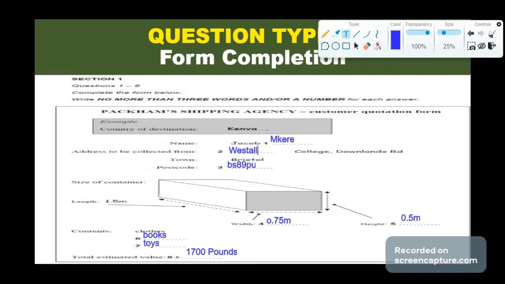Right. Now, this is correct also, BS8 9PU, but it appears that I should have used capital letter here.